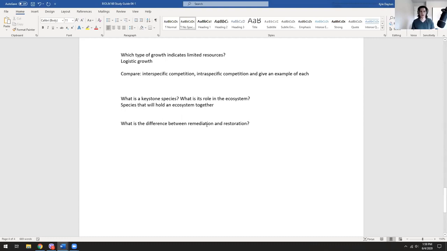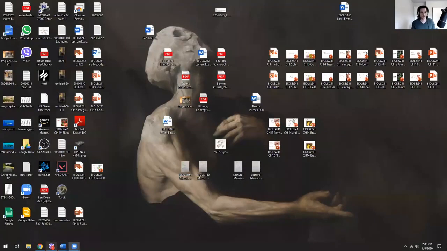Remediation is picking up trash, essentially, and restoration is bringing back an ecosystem into its historical existence, what it looked like, what it felt like, what it was at some point in the past.